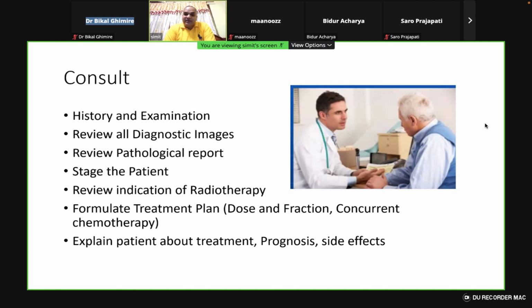We stage the patient if not previously done, and we again review the indication of radiotherapy. After reviewing all these things, we formulate the treatment plan. How much dose is given? Should we add concurrent chemotherapy? Then we explain to the patient about the treatment, prognosis, and side effects. This is all usually done within the first visit.